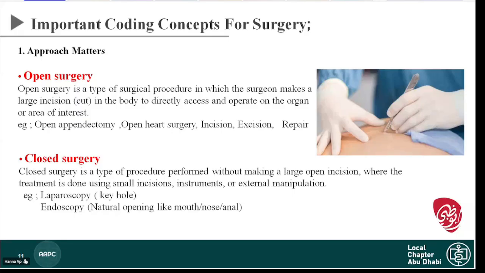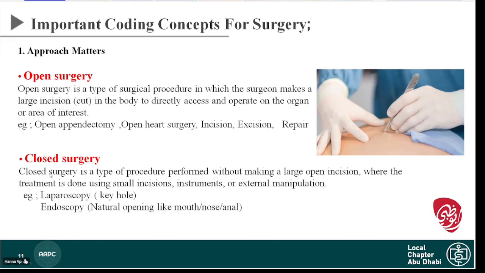In open surgery, we cut the skin and the doctor can directly access the body part. But closed surgery is entirely different. Here, the doctor will not make a large incision into the skin. We can also call it a minimally invasive procedure.